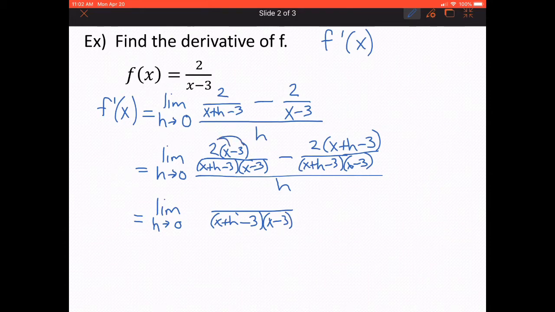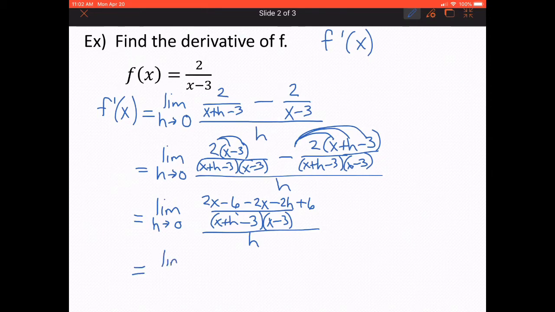The first one, no problem, but the second one, I'm distributing negative 2. So negative 2 times all three of these. All right, so I have 2x minus 6, and then I'm distributing the negative 2. So negative 2x minus 2h plus 6. And I still have h in the denominator of all of it.